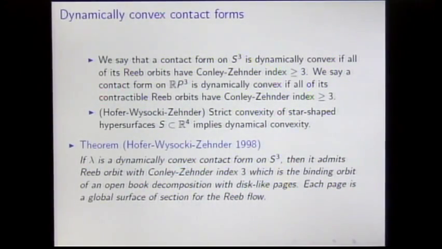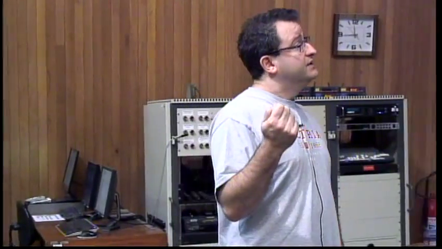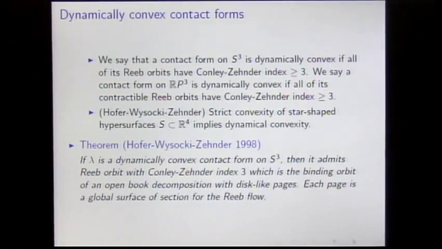There is something nice with RP3: it admits a global trivialization of the contact structure, and you can still measure the Conley-Zehnder index with respect to this trivialization. Some of the orbits, which are simple and non-contractible, might have index less than 3, but when you take the double cover, which makes them contractible, then the index is at least 3. So this is the definition of a dynamically convex contact form on RP3, which is basically, you just lift the flow to S3 and you use the definition for S3, for the Reeb orbits upstairs.